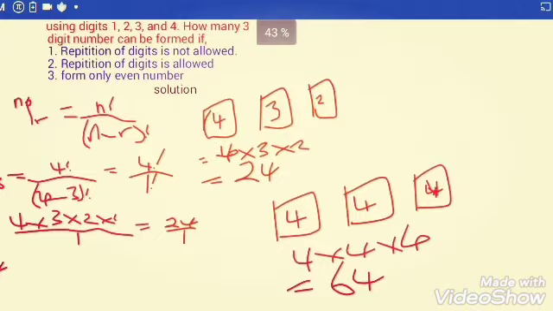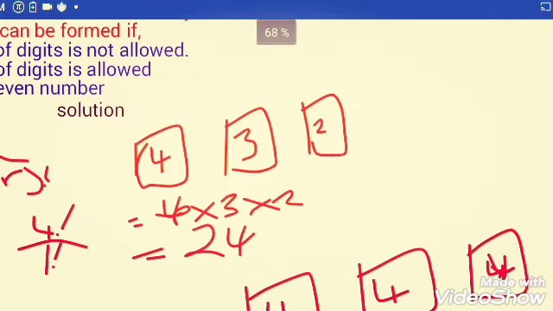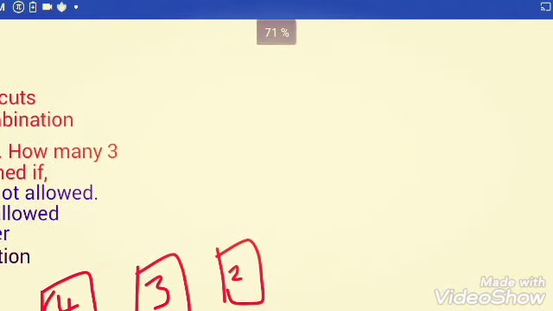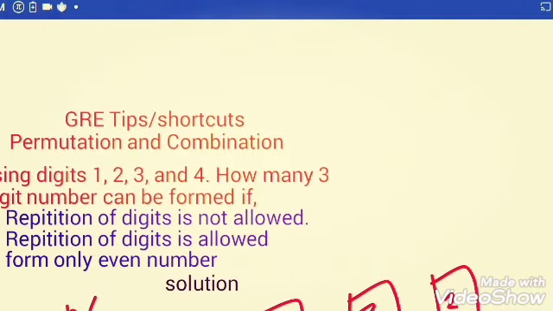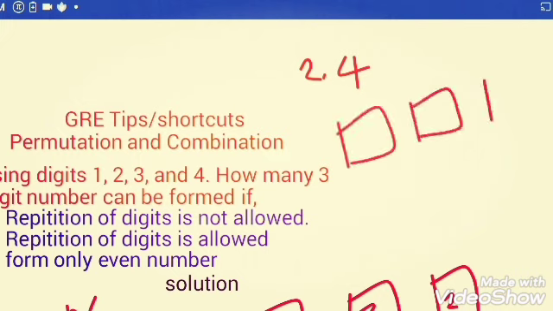Alright, the last part says form only even numbers. An even number generally is any number that ends with 0, 2, 4, 6, or 8. So we're going to go through the numbers we have and bring out the even numbers. The even numbers we have here are 2 and 4. So for us to form an even number, it must end with either a 2 or 4 in this case. Using our analysis method, for the last digit I can only pick either 2 or 4, so I have just 2 options.